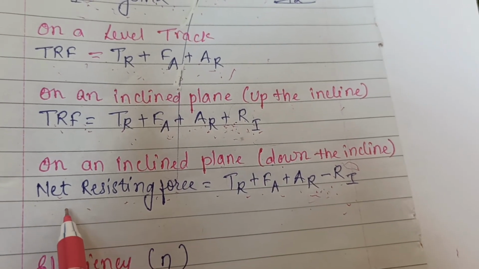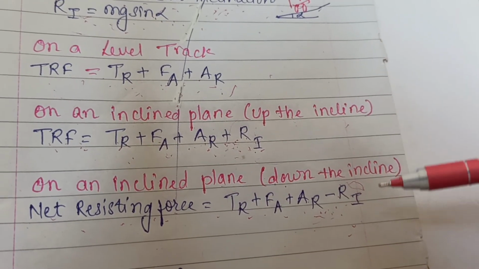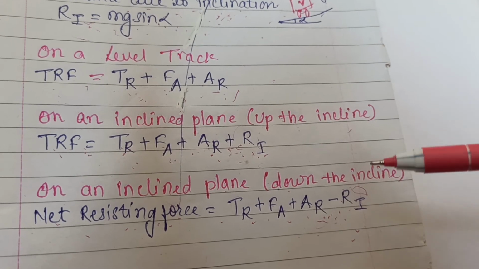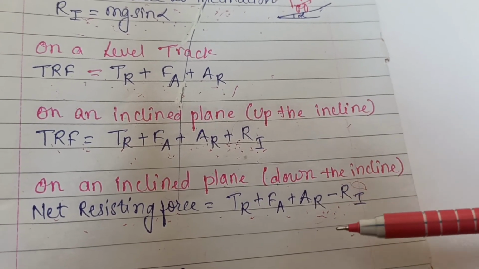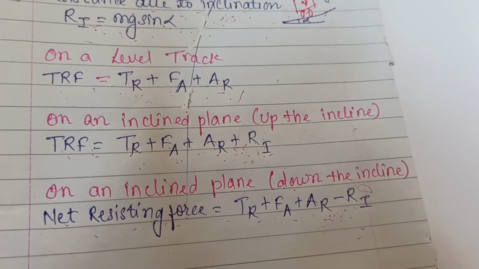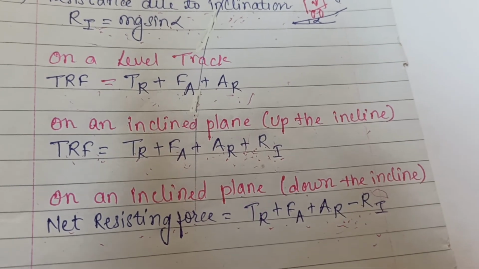This is how we calculate the net resisting force. It is not necessary that all these four forces will be present in all the numericals. Based upon the data given, we have to calculate these forces. This is how we calculate the net resisting force, or the total resisting force, on a level track, up an incline and down an incline.